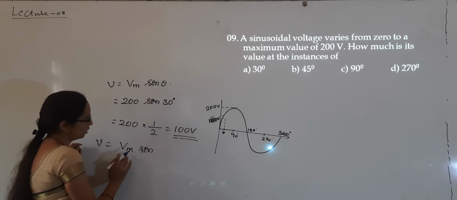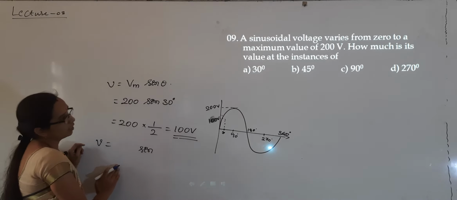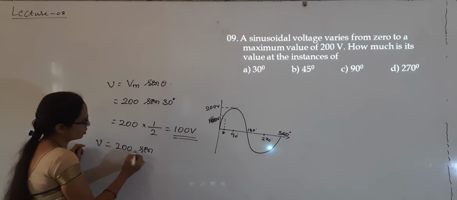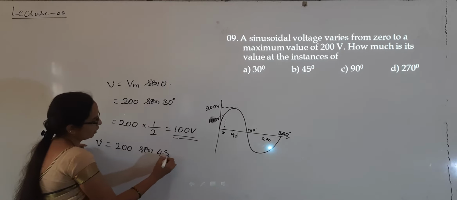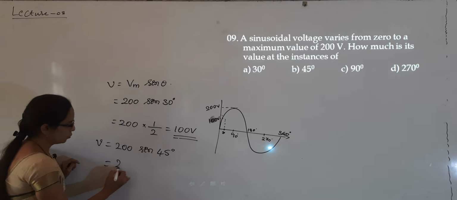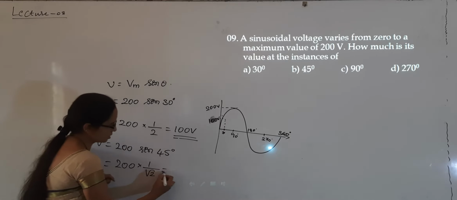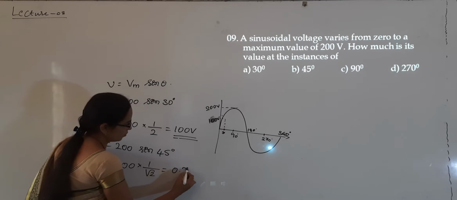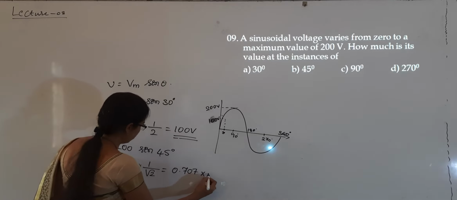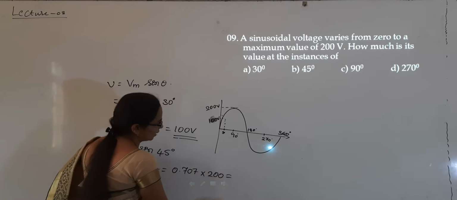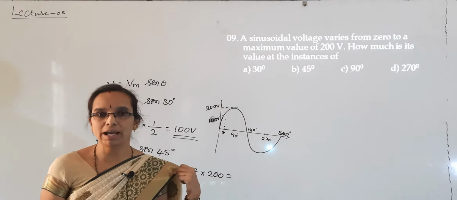Okay, and the second one, Vm sin theta, again no need to put the formula again. Peak value is 200 volts, sin theta is 45 degree. So 200 into 1 by root 2, that is 0.707 into 200. Calculate it and put the value.